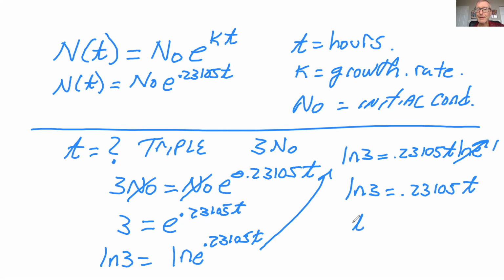And so t would equal natural log of 3 divided by 0.23105. If you got your calculator and did that one, it looks like it'd be approximately 4.755 hours. Again, that's what we have in the book.